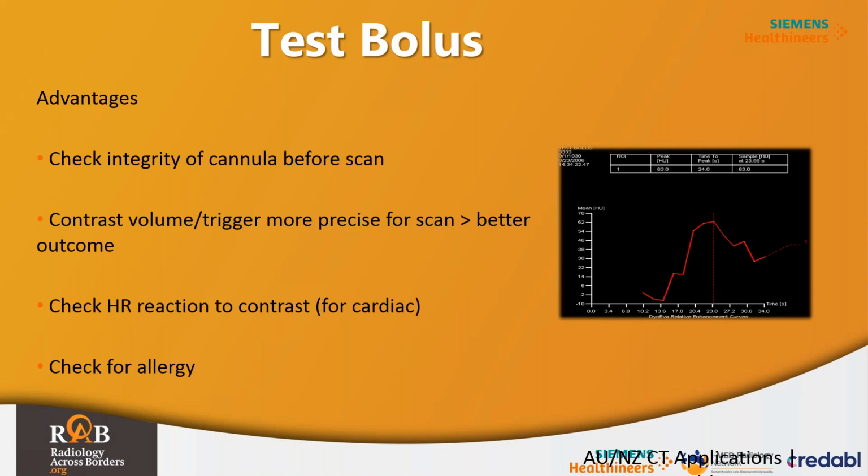We don't have any risk of triggering too early or too late because we misplaced the ROI. It also allows us to check for an allergy to the contrast. It could also enable us to see what their heart rate does once they receive some of the contrast.